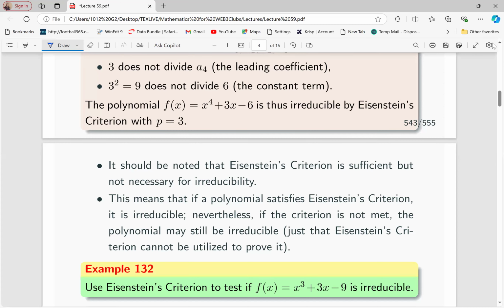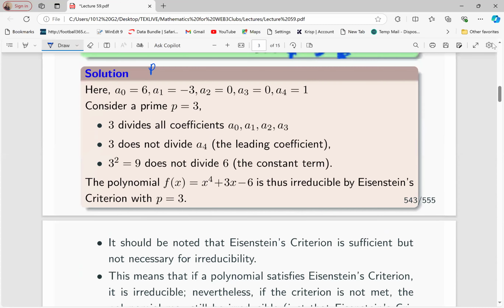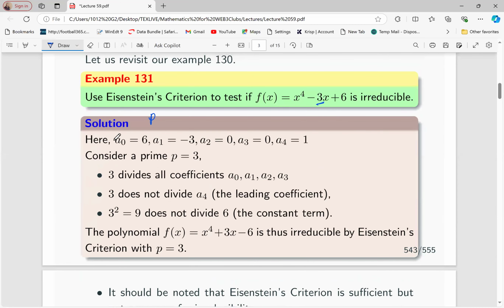Now, let me come back to this example to emphasize what I've just said. For this example, we found that the prime number exists, and that prime number is 3. So if it exists, you can say that the polynomial is irreducible.